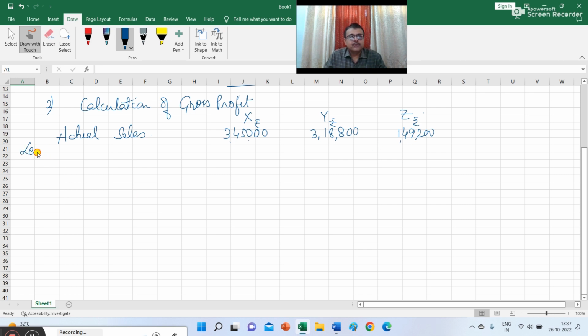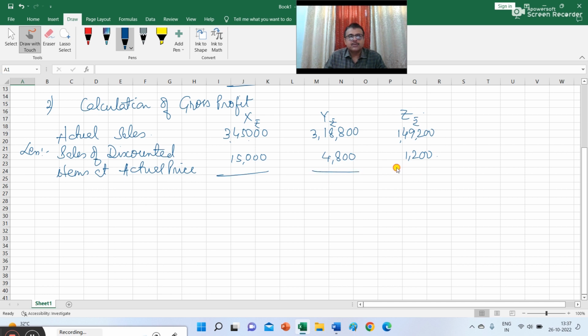Now we have to reduce the amount of sales, that is sales of discounted items at actual price, which is 15,000, 4,800 and 1,200. So from the actual total sales, we have reduced the sales which were made at a discounted price.